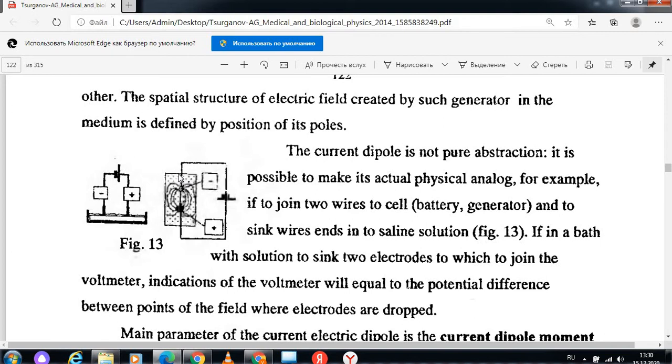So we have the difference of potentials of two points of the field where these electrodes are dropped.